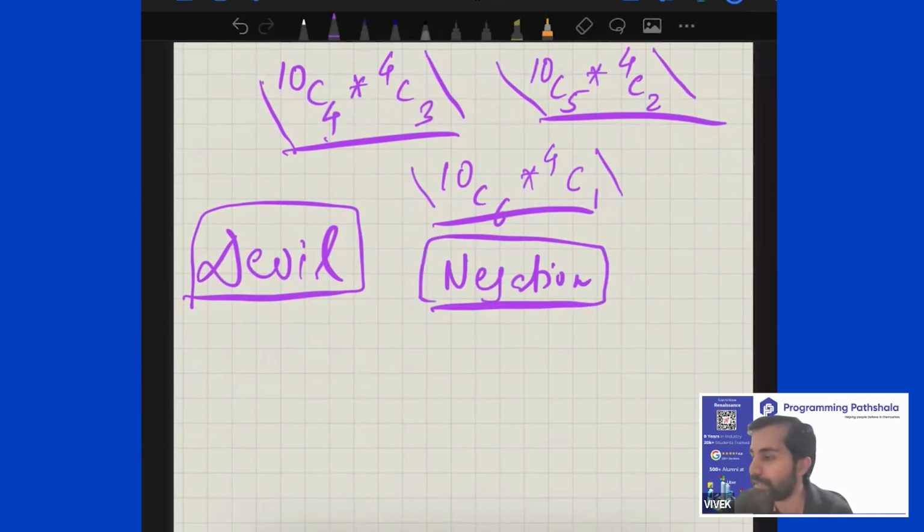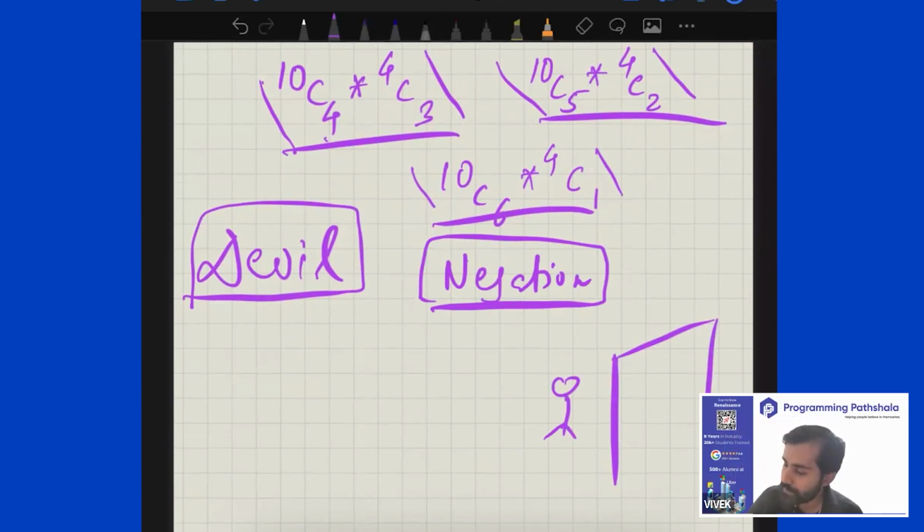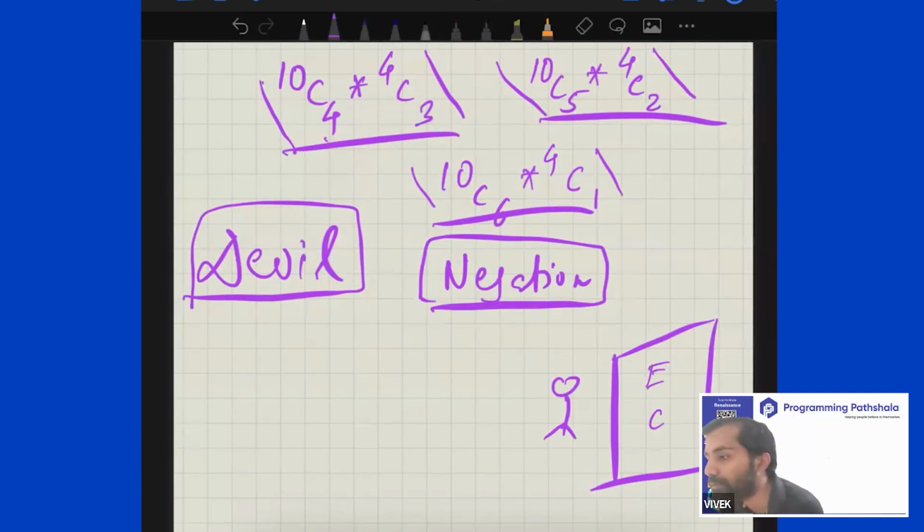I'll give you an example of negation. Let's say you enter a big classroom, and you want to know how many students are English speaking and how many of them are Chinese speaking. You ask, those who are English speaking, raise your hands. If so many people have raised their hands, will you count their hands or do something else? You will do something else.